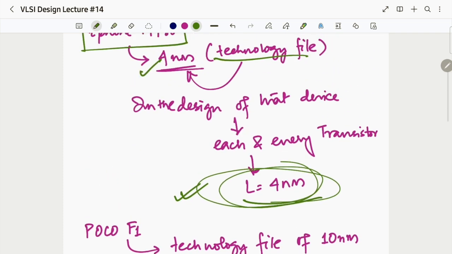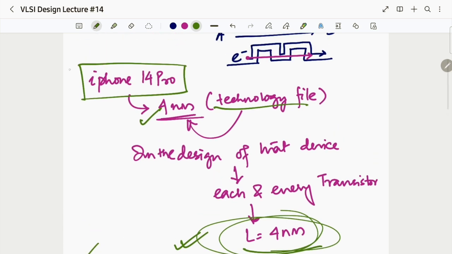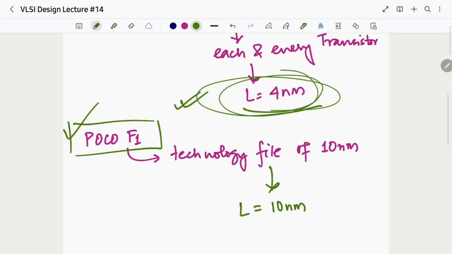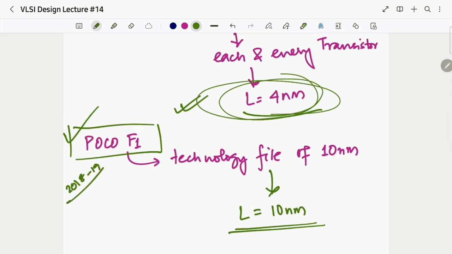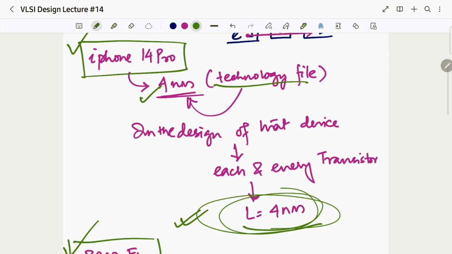Now Poco F1 came up early, then came our iPhone 14 Pro, right? So now it got reduced. Poco F1 was launched, I think, I'm not so sure about it, in 2018 or 19, somewhere there, and for 14 Pro I guess it was 2022 to 2023, somewhere in that range.